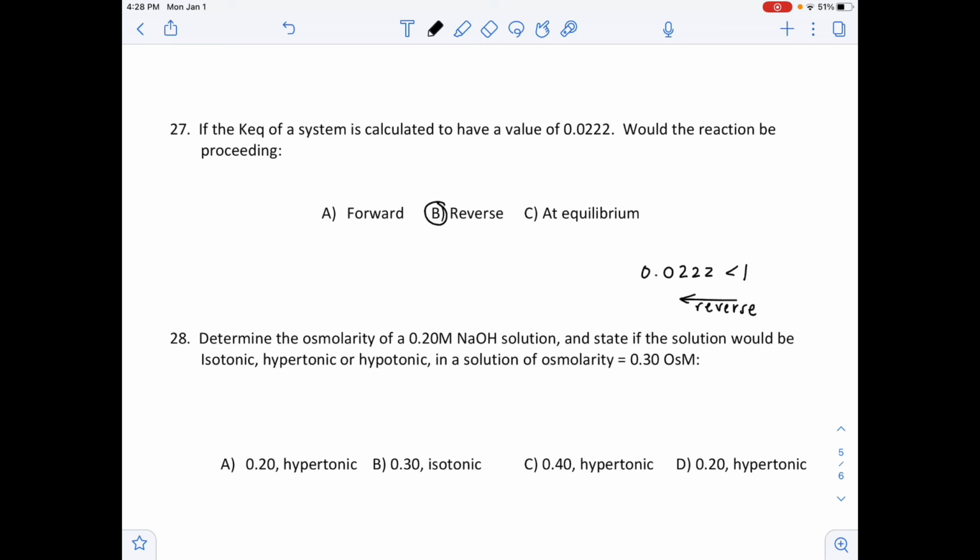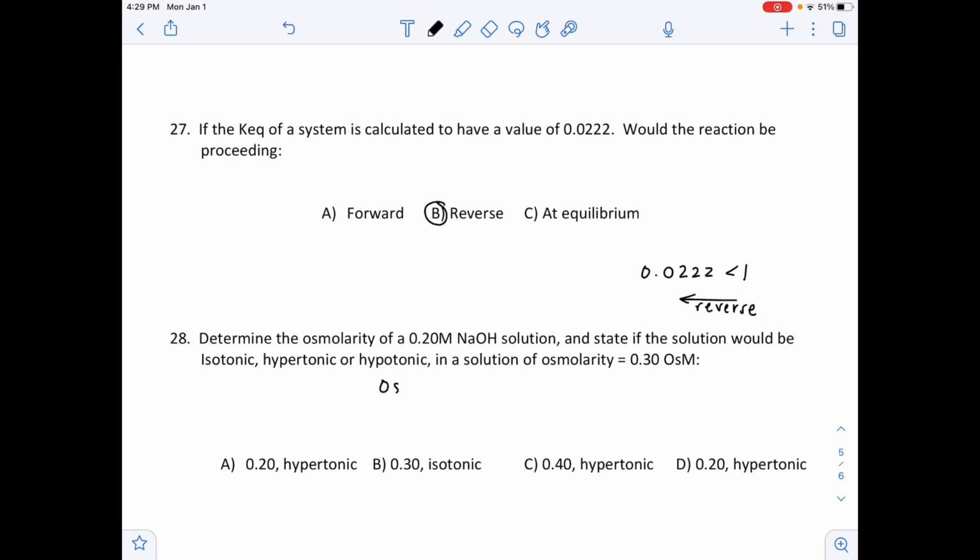So for question 28, it says determine the osmolarity of a 0.20 molarity NaOH solution and state if the solution would be isotonic, hypertonic, or hypotonic in a solution of osmolarity equaling 0.30.